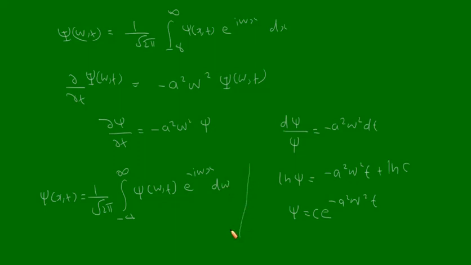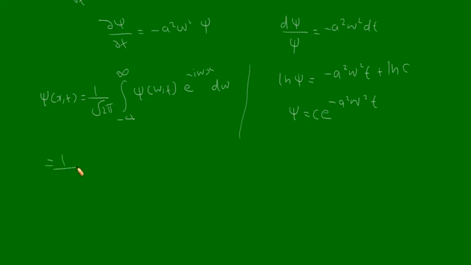We took the inverse transform. To go from psi of omega t to psi of xt, we need to take the inverse transform. Psi of omega t is equal to 1 by root 2 pi integral from minus infinity to infinity psi of xt e raised to I omega dx. This is the Fourier transform. So to find psi of xt, its inverse transform comes, and then we will have to multiply by e raised to minus I omega x.